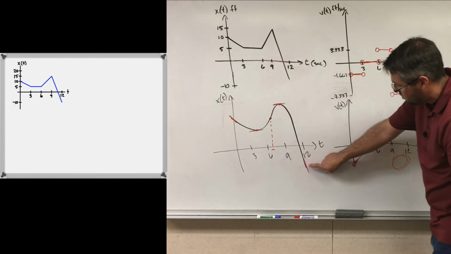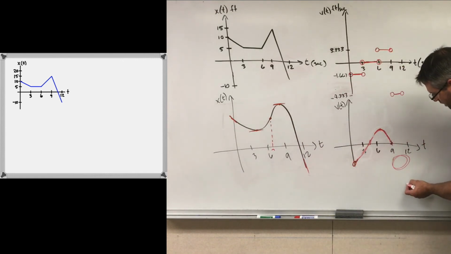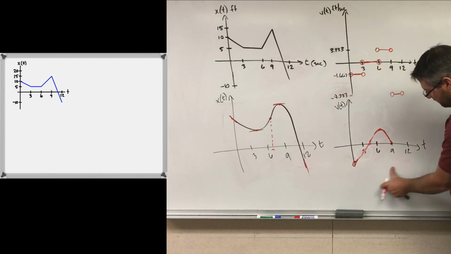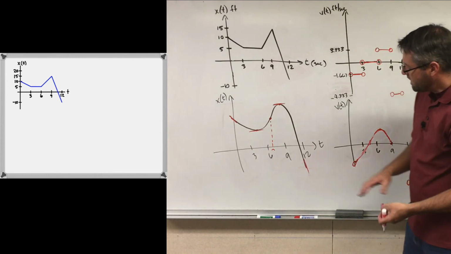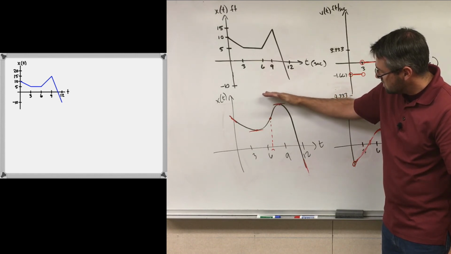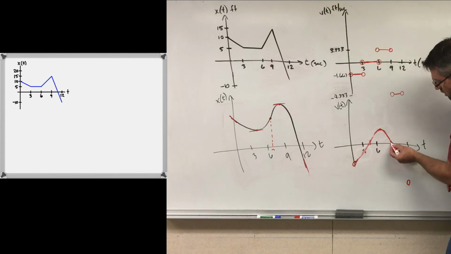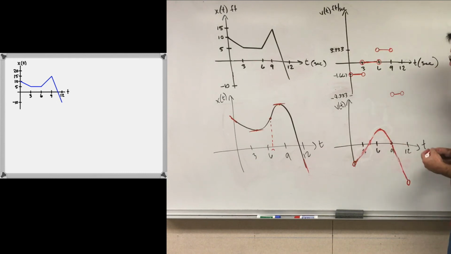And notice that this point is a lot steeper than that point, which implies that it has to be a lot further down on this. Now, we know all of this is going to be negative. We can see at 9, the slope is 0, and it gets steeper and steeper, and therefore this graph is going to start at 0 and get more and more negative. And so we have a graph that maybe looks like that.